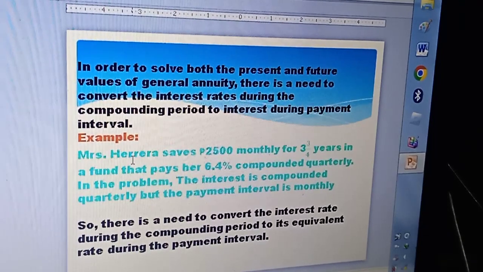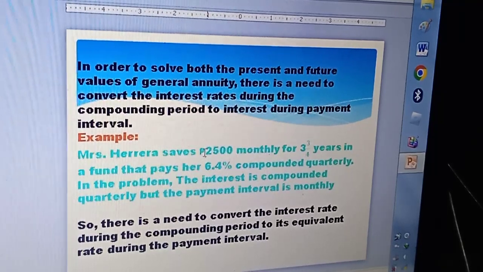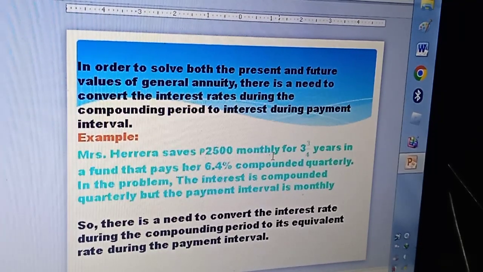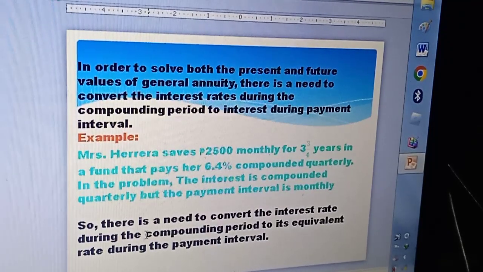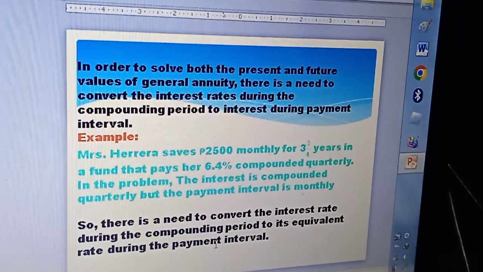So, Mrs. Herrera saves 2,500 monthly, but the compounding happens quarterly. So in the problem, the interest is compounded quarterly, but the payment interval is monthly. So there is a need to convert the interest rate during the compounding period to its equivalent rate during the payment interval. How to convert?